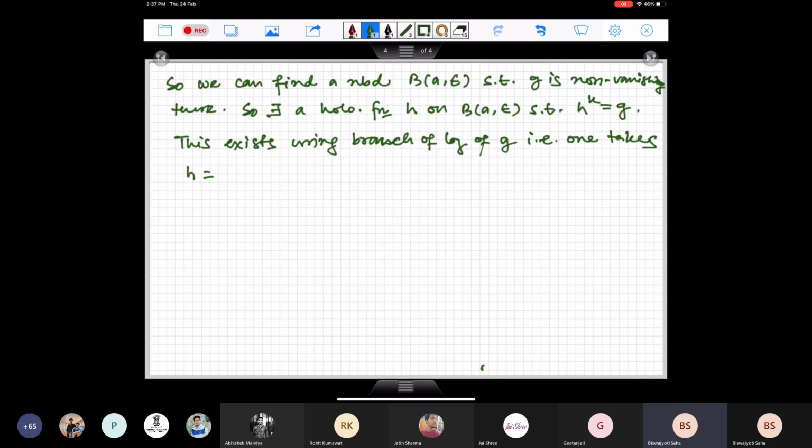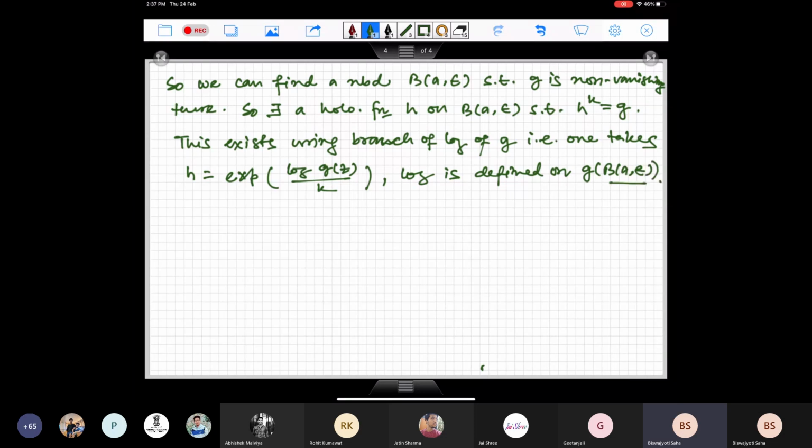For example, you can take h equal to the exponential of log of g(z) divided by k, where log is some appropriate branch of logarithm defined on g of B(a, epsilon).